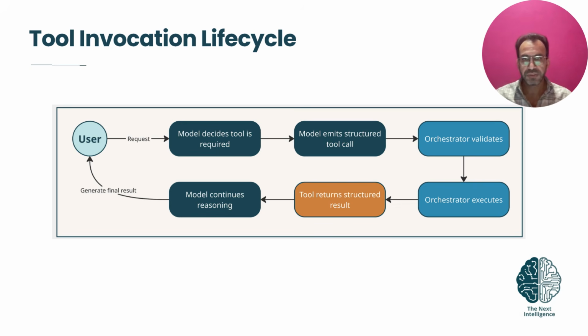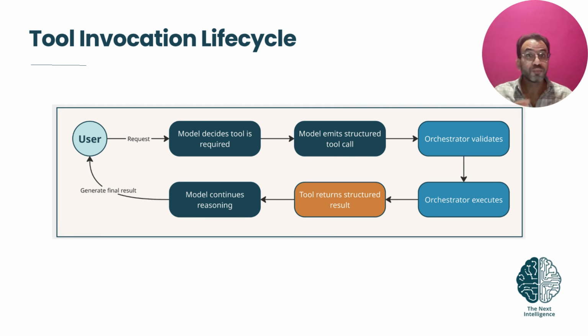So what happens when we call a tool? I mean, when the agent decides that a tool call is needed. Let's look at this diagram. We start with a user request that goes to the model, which decides if a tool call is required. If yes, it emits a structured tool call that goes to the orchestrator to validate the parameters, the tool name, etc., and then execute the tool or the function.